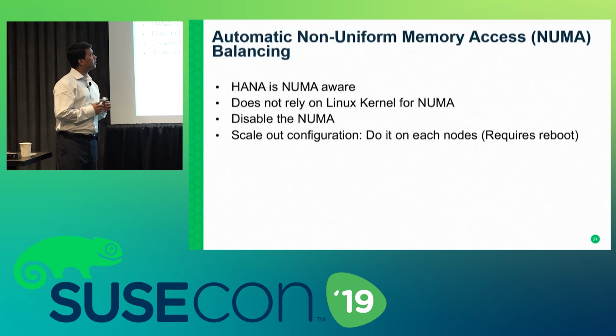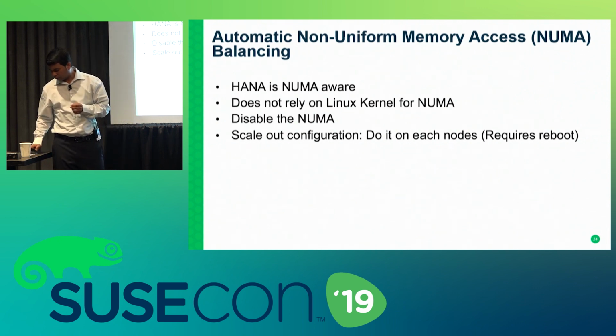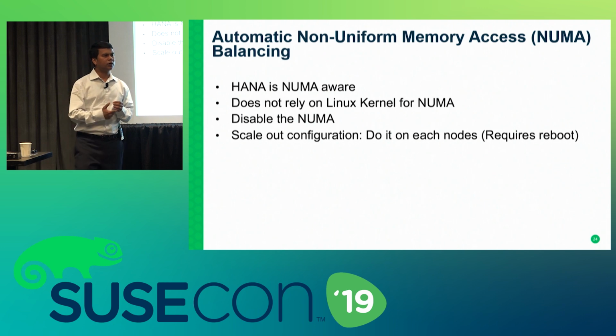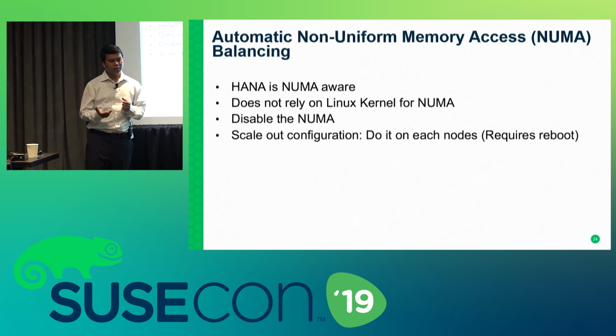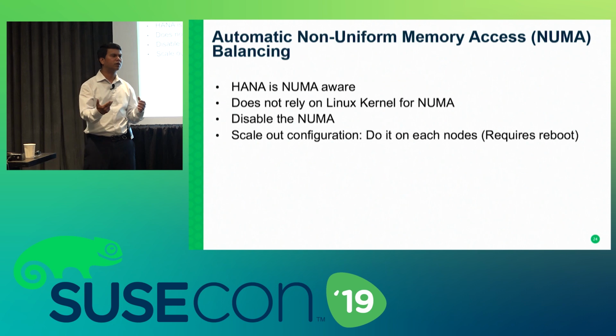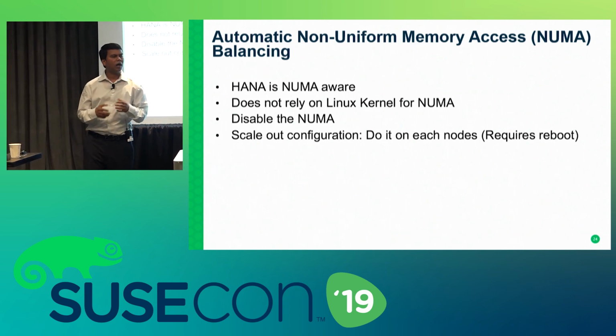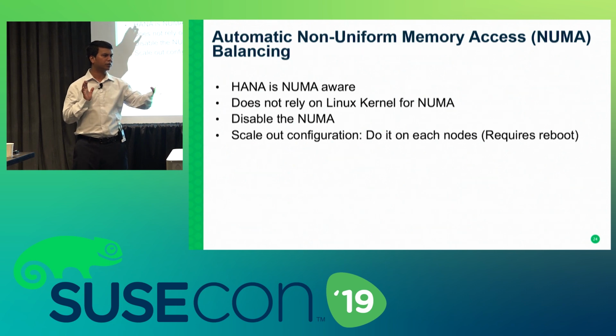All right, the second thing is called non-uniform memory access, NUMA. If you go to an operating system like SUSE, they will have NUMA balancing enabled to give better access to your memory modules. But HANA is smart. HANA says, I know NUMA, I don't need the operating system to tell me how to use NUMA.